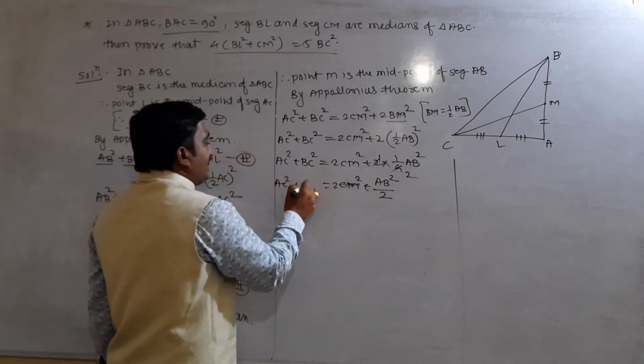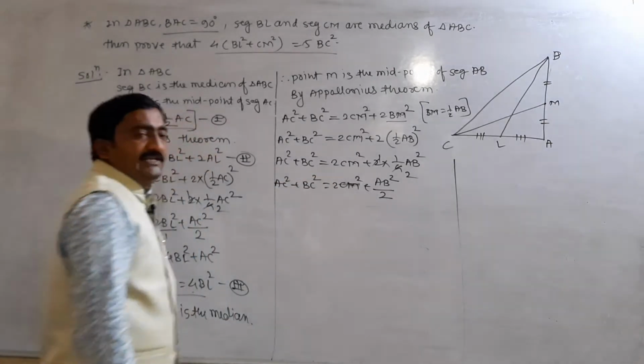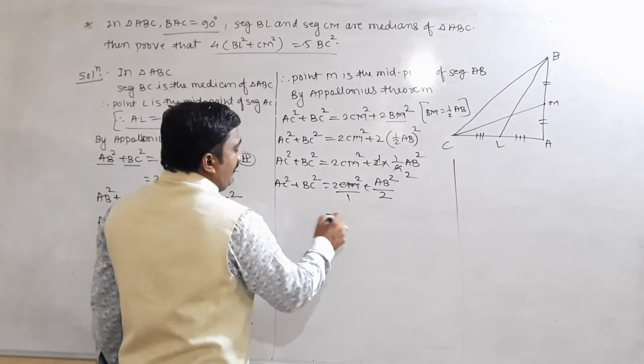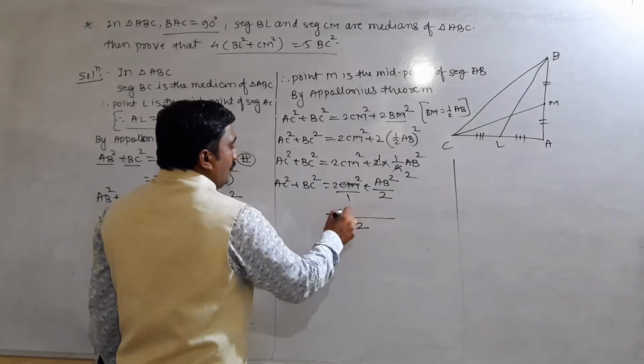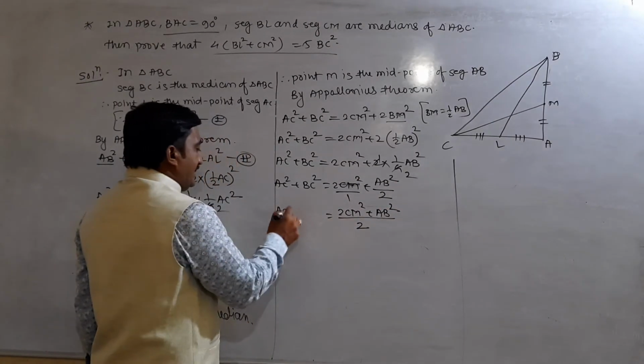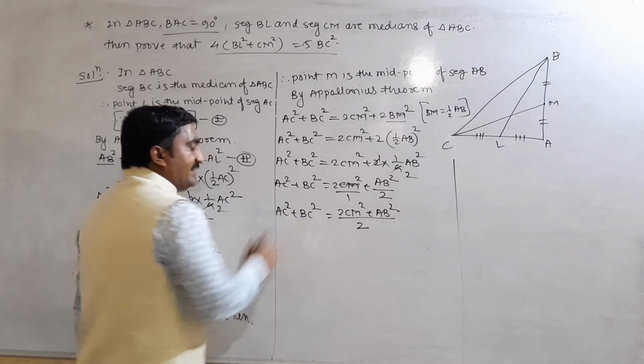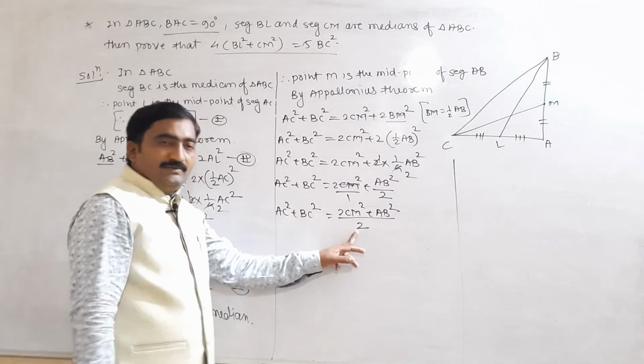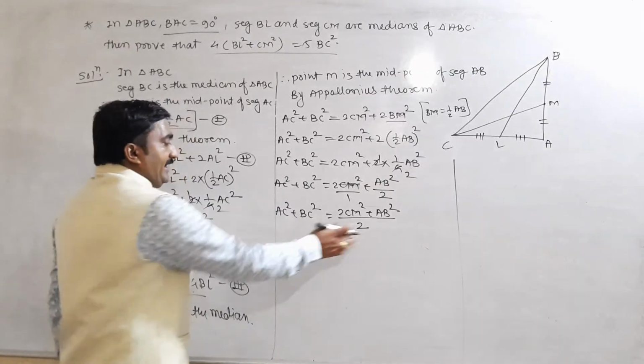Here AC square plus BC square stays as it is. The denominator is 2, so 2CM square plus AB square. Then the division by 2 goes to the other side as multiplication.